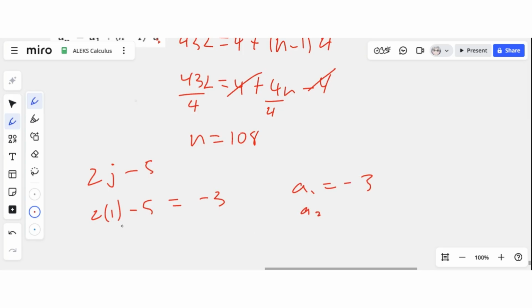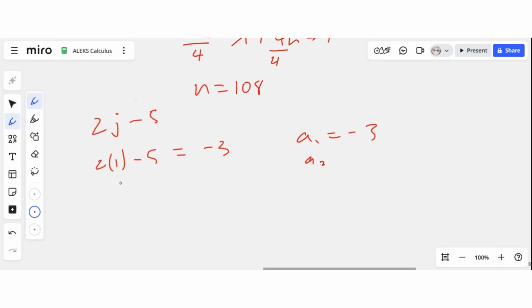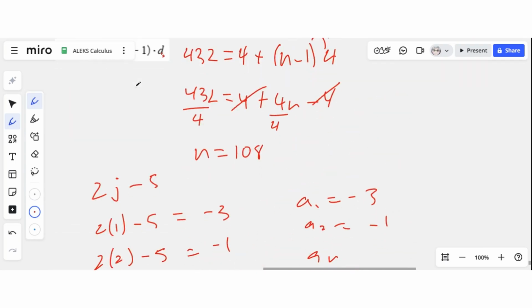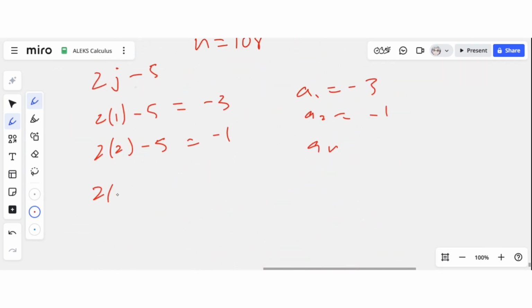Let's do a sub 2. If I put in a 2 for j, I would get 2 times 2 minus 5. That's negative 1. And then a sub n, it ends at 122, so let's put in that for j. So 2 times 122 minus 5.